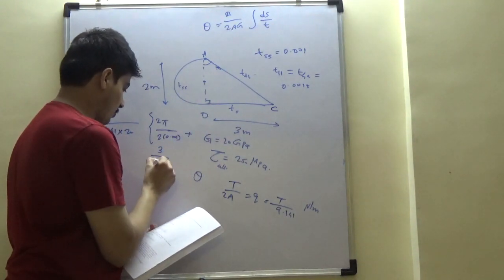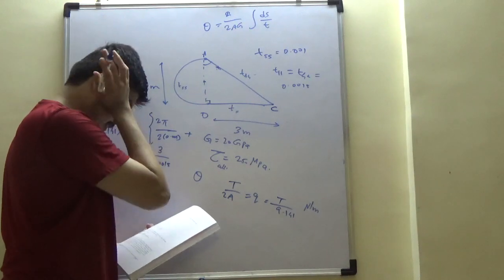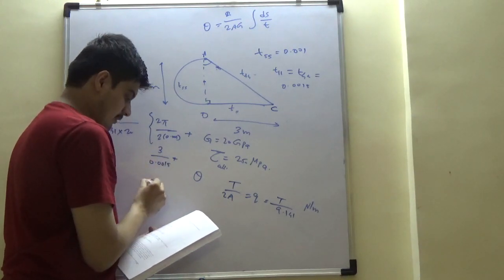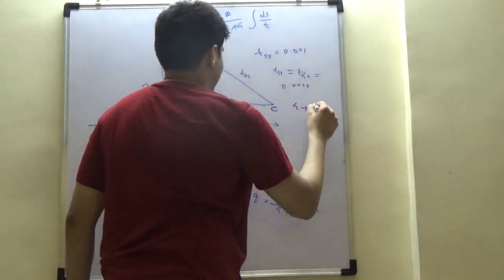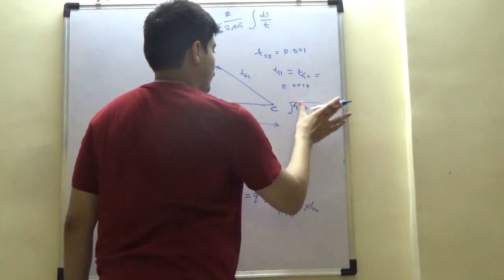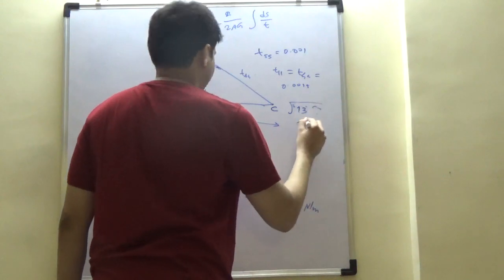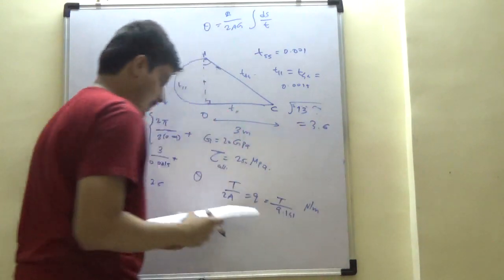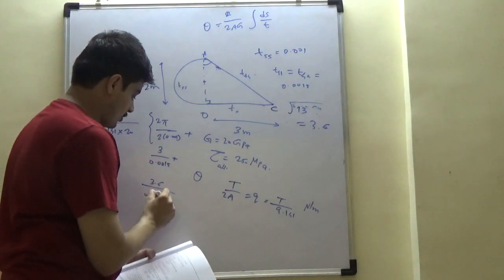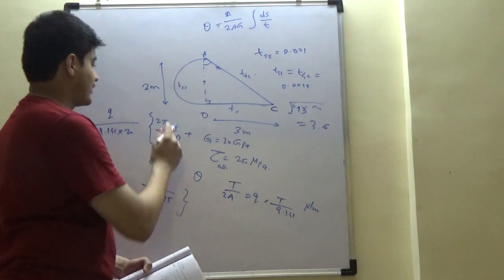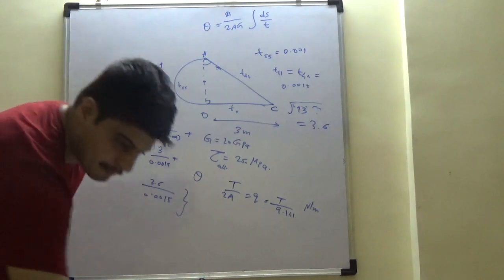T11 is nothing but 0.0015, plus 3.6, this is the diagonal, square root of 4 plus 9, which is 13, approximately 3.6 upon 0.0015. This is the integral of ds upon t.